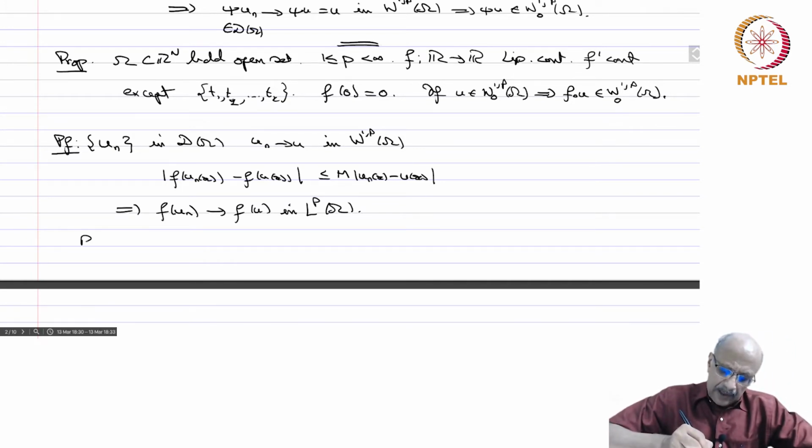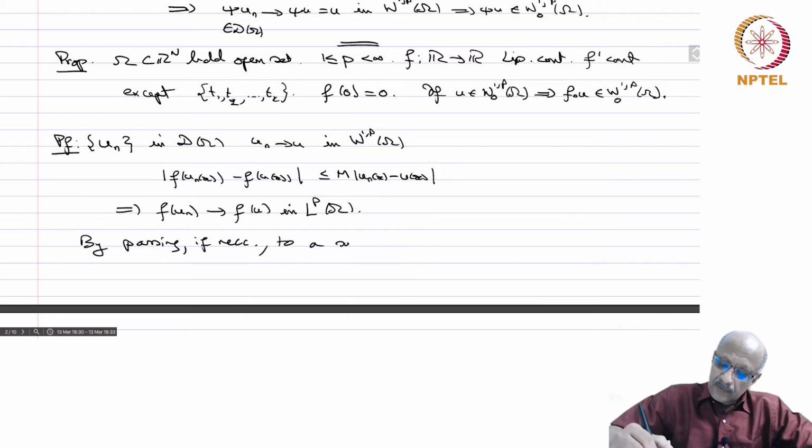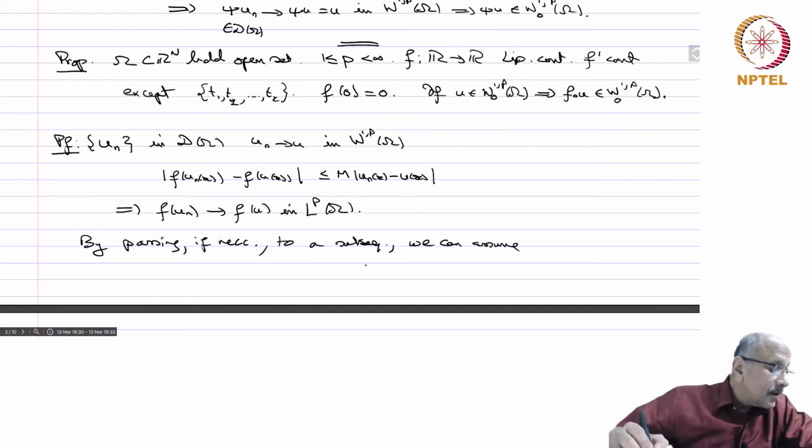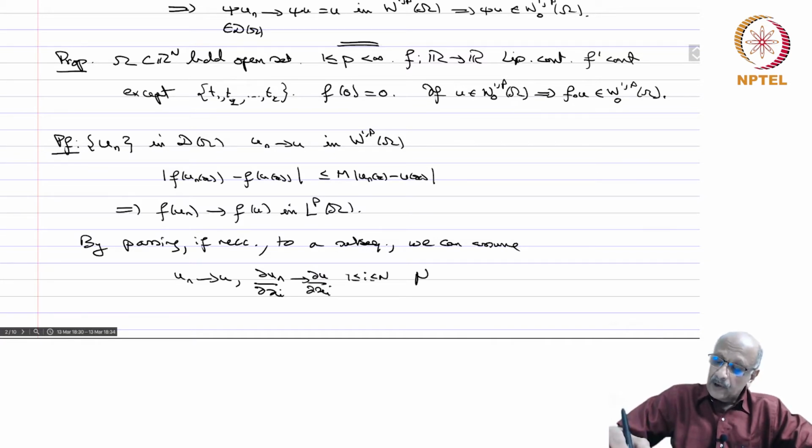Also, by passing, if necessary, to a subsequence, we can assume that u_n goes to u and ∂u_n/∂x_i goes to ∂u/∂x_i, 1 ≤ i ≤ n, pointwise.